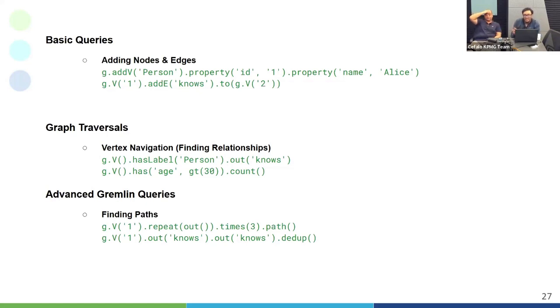Then the next hop starts from out: it starts hopping to the next person, finding the out edges named knows, and finding the connected vertices. It's a very simple one, and you also see that the hopping can be multi-level. Here we can go from one vertex to another and go down as many levels as we want. Here you see two levels of hopping used, two out steps to hop from vertex one.